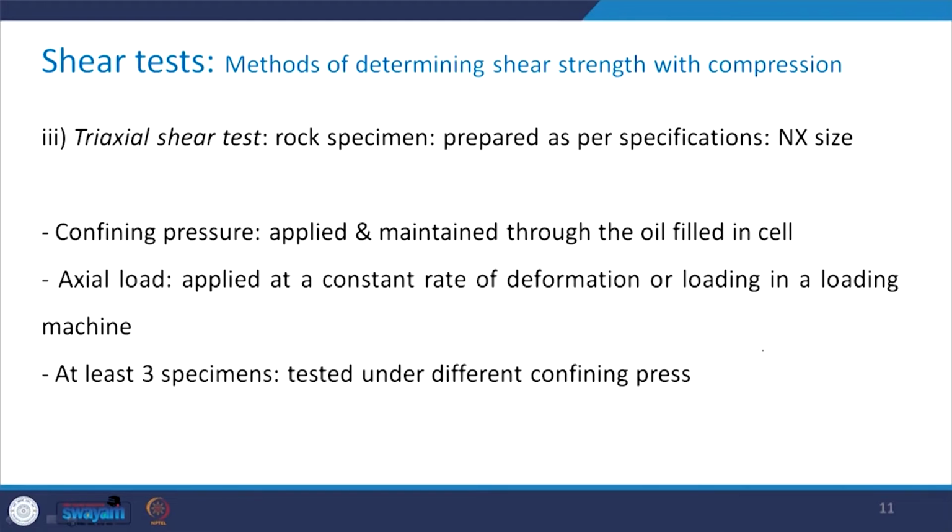I mentioned to you that more or less the philosophy of the triaxial shear test in the case of the rock specimen is the same as that of the soil. But in the case of soil, you had different types of triaxial test based upon the drainage conditions.